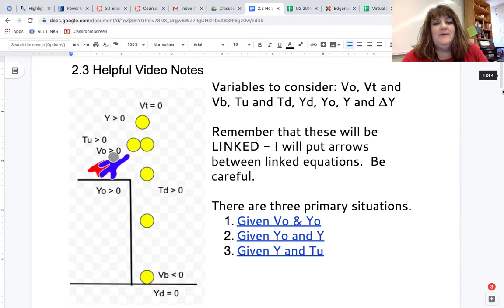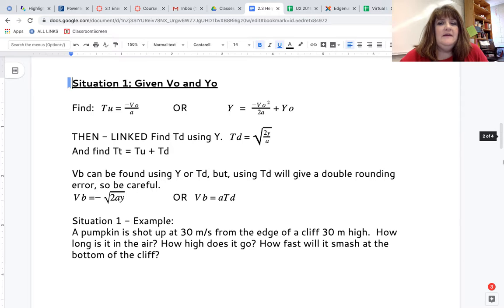Sorry. There are three primary situations, and we're going to tackle each one at a time. So, situation one is if you are given y naught and v naught.